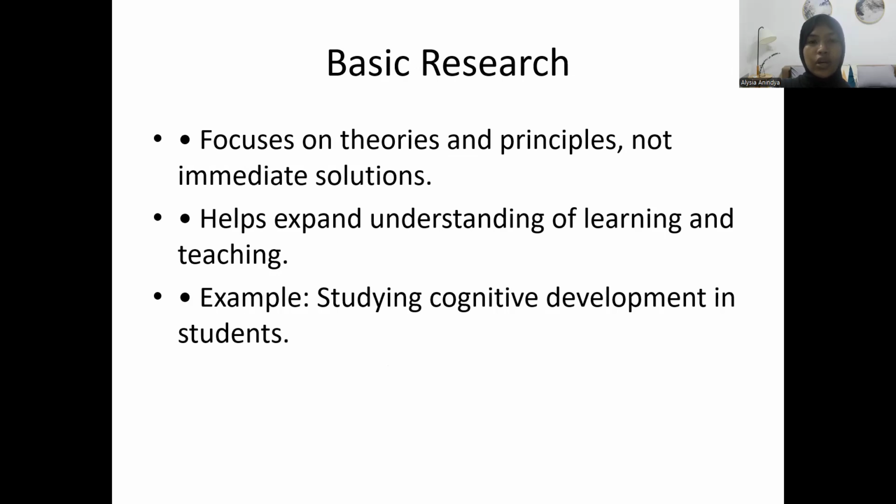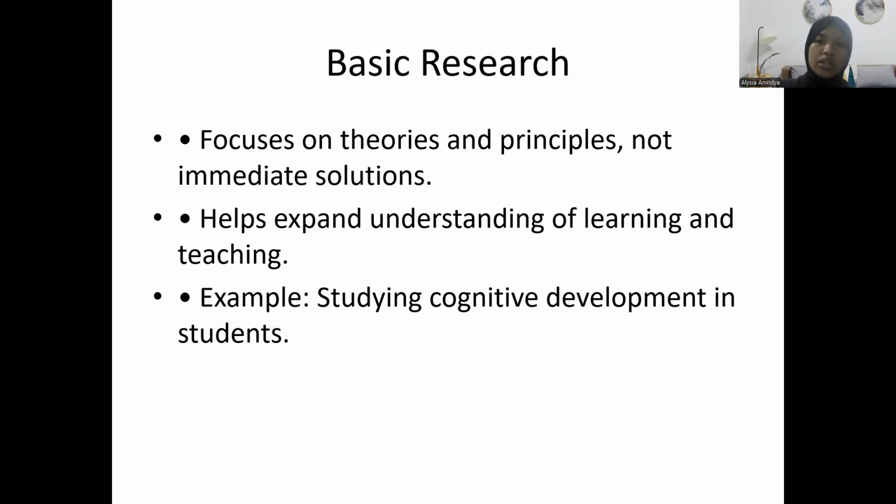So first we are going to talk about basic research. Basic research is all about understanding the educational theories without trying to fix a specific problem. The example of this basic research is studying cognitive development in students.